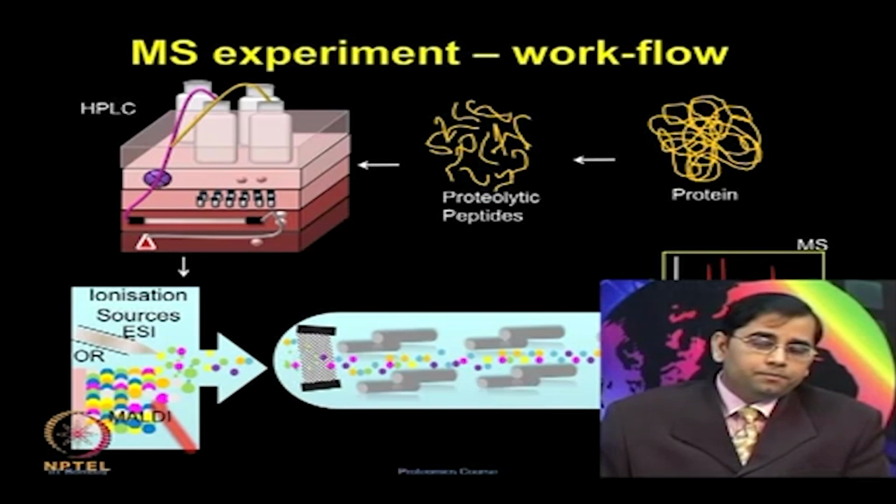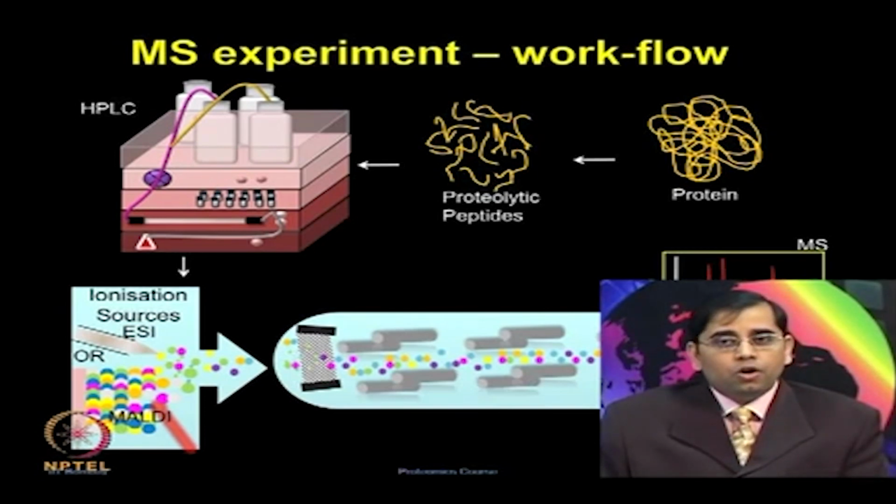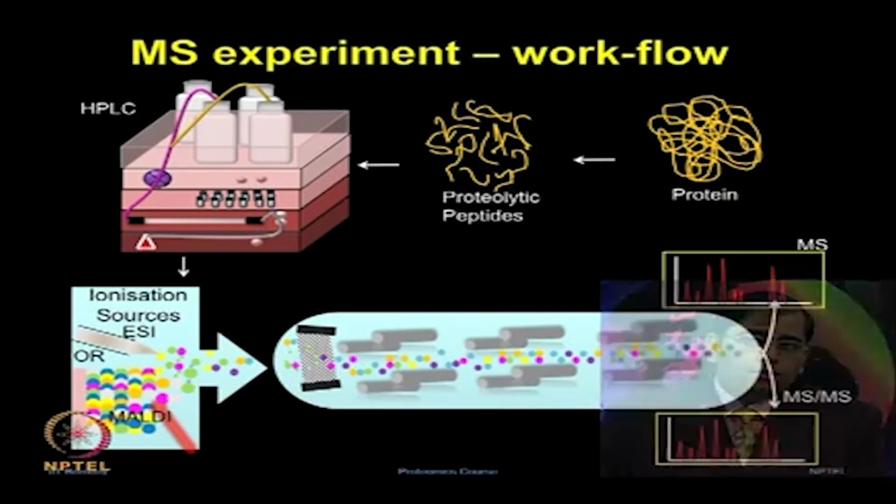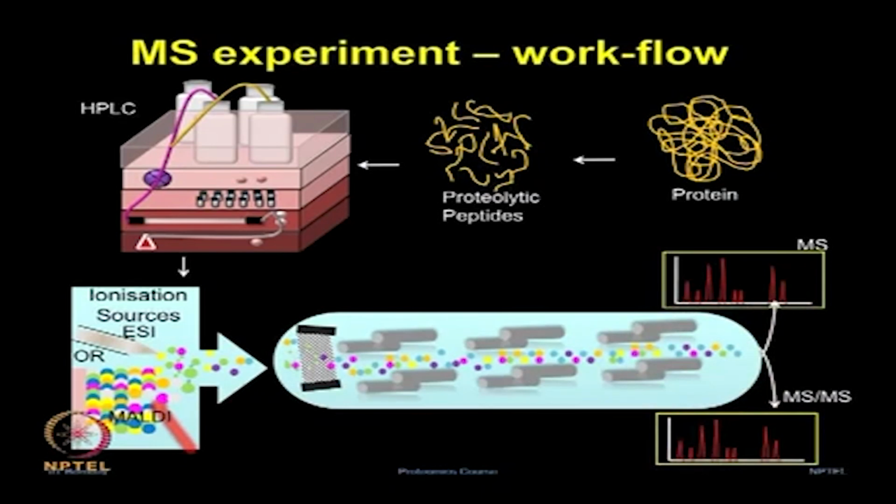After pre-fractionation, in-gel digestion or proteolytic cleavage can be performed by using various enzymes such as trypsin, and then the sample can be injected into the ionization source, whether it is ESI or MALDI, most commonly used for proteomics, as well as other types of ionization sources, and then these ions can be further resolved in the mass analyzers. Again, there are various types of mass analyzers, and then data can be analyzed in MS or MS-MS mode.